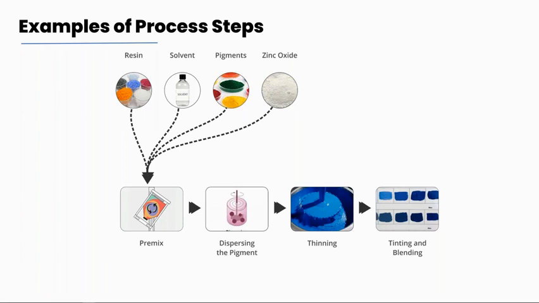This example here, we're talking about a premix operation where we're mixing resin and solvent and pigments and zinc oxide. And this is all just in operation one. So we have to account for the different ingredients, formula going into that premix before we move it along to dispersing, before we move it along to thinning, before we move it along to tinting and blending.